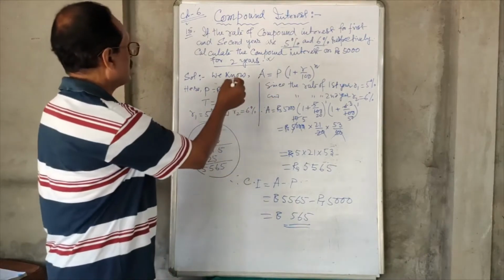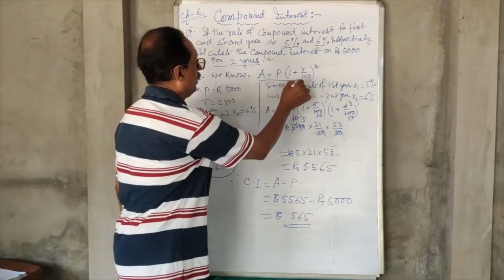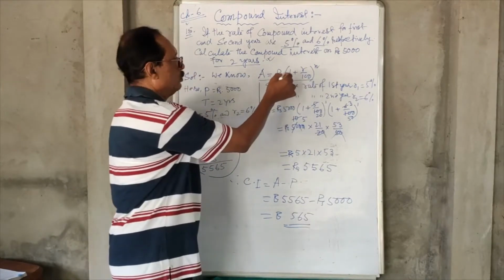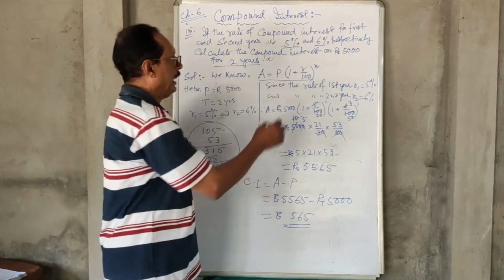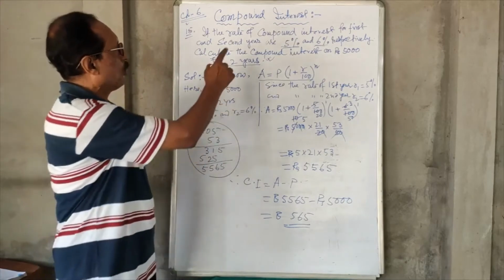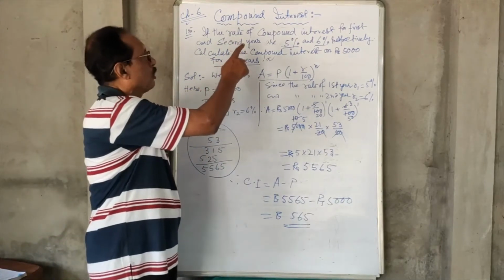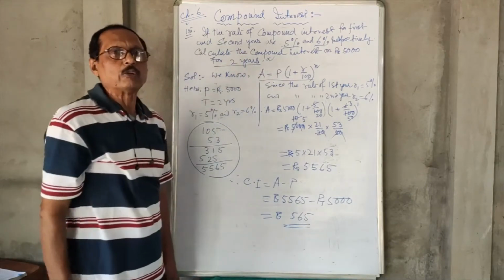In this case, we will be using the same formula, that is amount is equal to principal into 1 plus r by 100 to the power n, and you know n is the number of conversion periods. This problem is not mentioning when the interest will be compounded, that means it will be compounded annually.